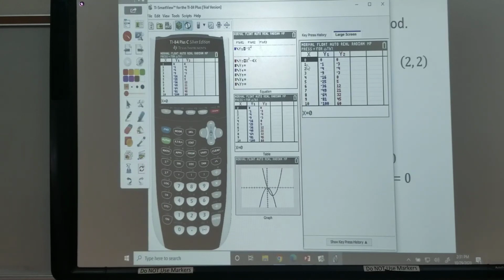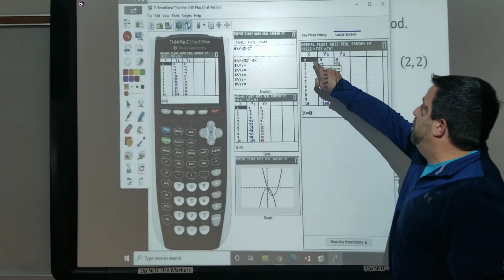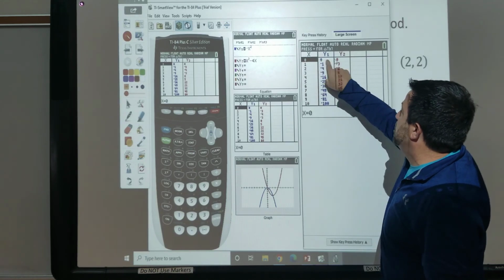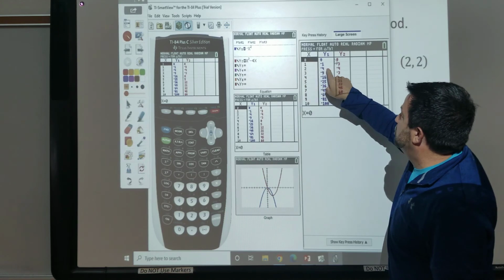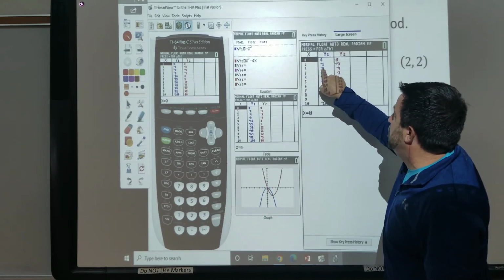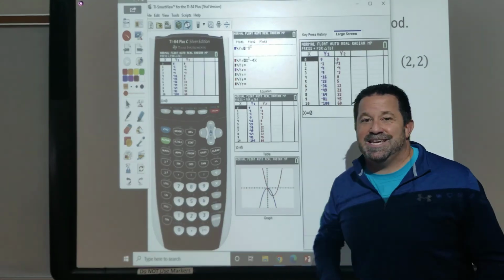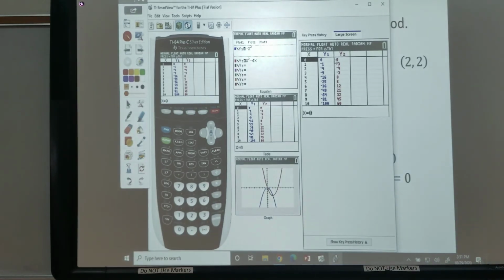You can see that when x is 0, both the first function and the second function have the same y value of 0 here. Okay, hopefully you can see that. I know I'm off camera right now, but when x is 0, they both have the same y value of 0. When x is 2, they both have the same y value of negative 4. So 2, negative 4 is the other solution. I can see that here in my xy chart.